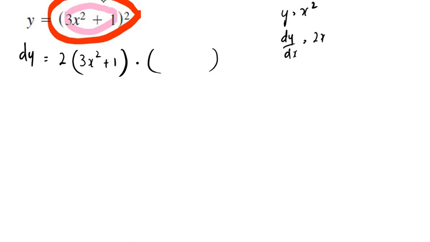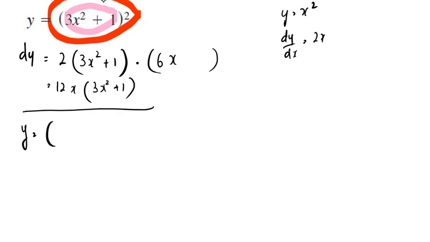Now we multiply it by the differentiation of the baby function. So when you differentiate this part, you get 6x. That's all. So we can take this to the front. So we can write it as 12x times 3x squared plus 1. Okay. So we'll change the function a little bit and work on it.